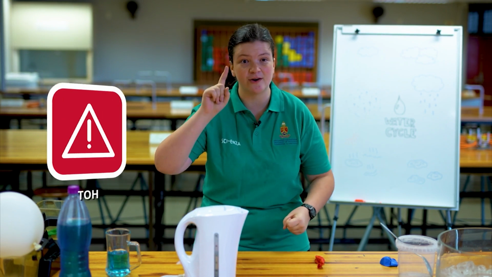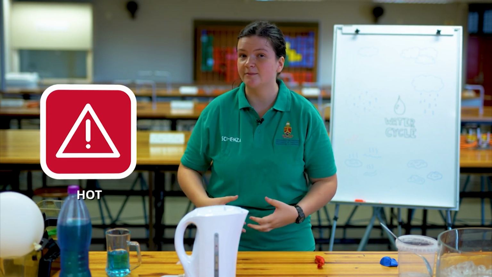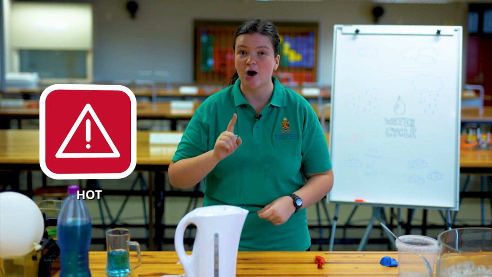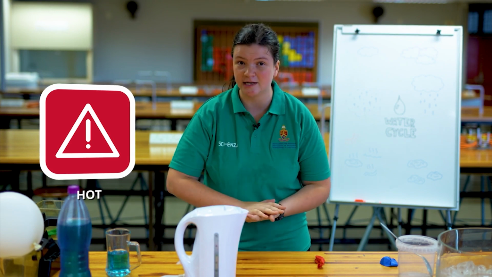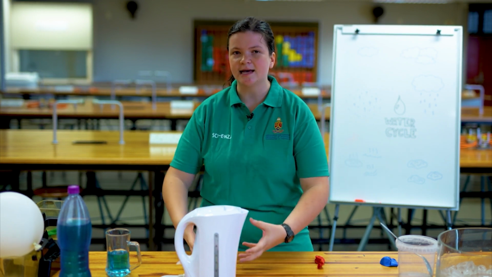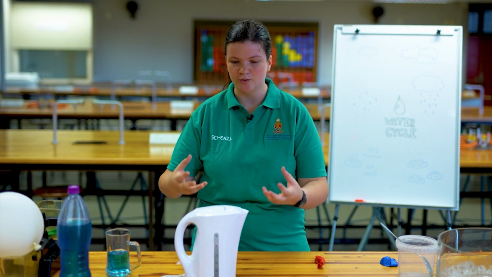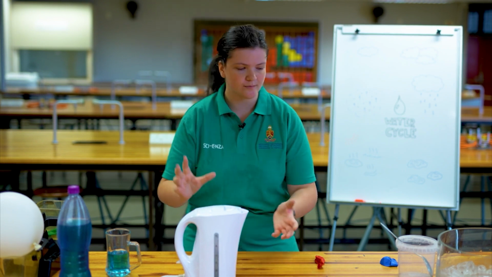But we have to be very careful because steam or water vapor can be very, very hot. So we should never touch it because it can burn us. So, when the water has heated up, it will turn into water vapor, which we can see as steam.